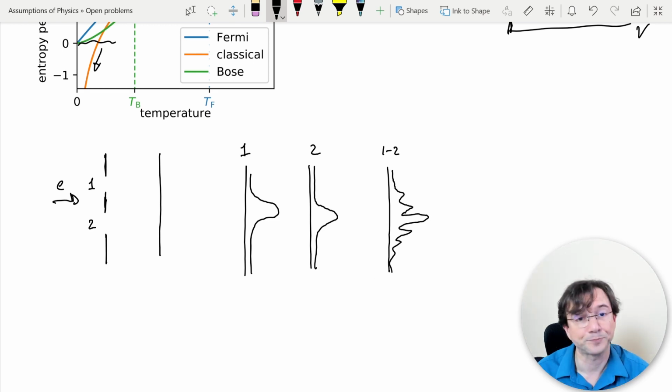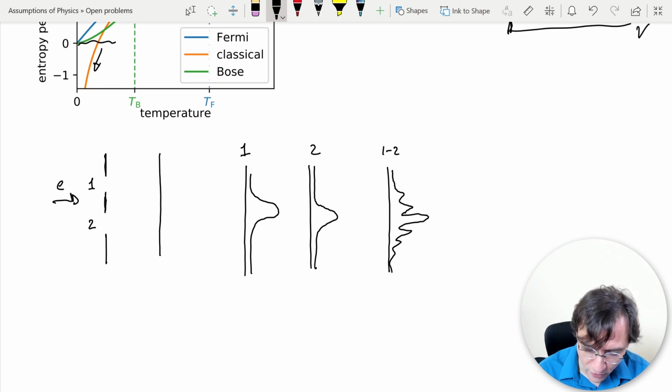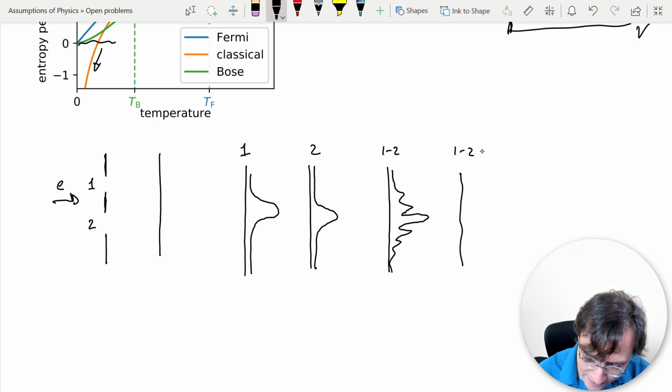Of course, this fringe pattern depends on the phase between the parts of the wave function that go through slit 1 and slit 2. So you could have the same thing with a different phase, let's call it phi prime. Where the peak was, now we have a valley, so we're going to have something like this.